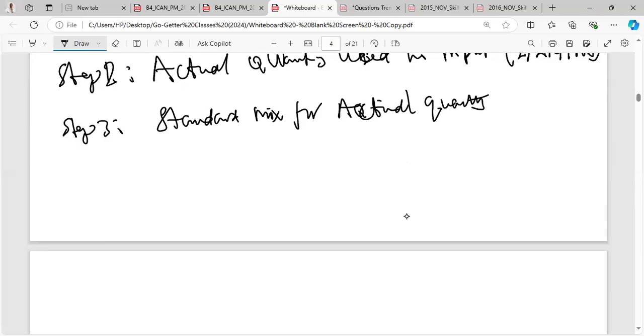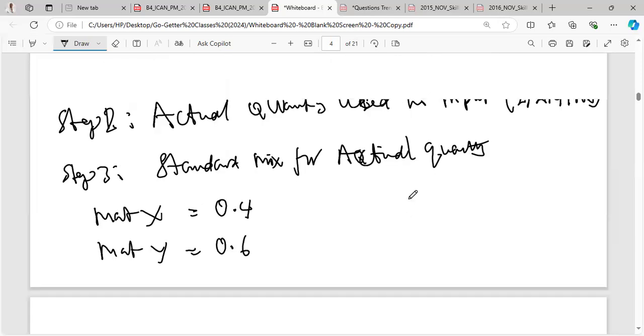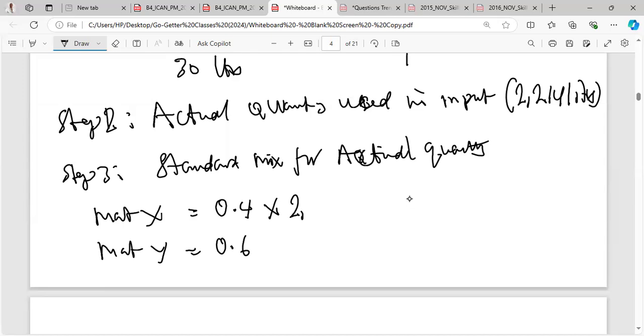So what we have here, material X, material Y. Normally, we have 0.4. This is 0.6. Now we have multiplied by the actual quantity, 2,214. So this is the expected input here.